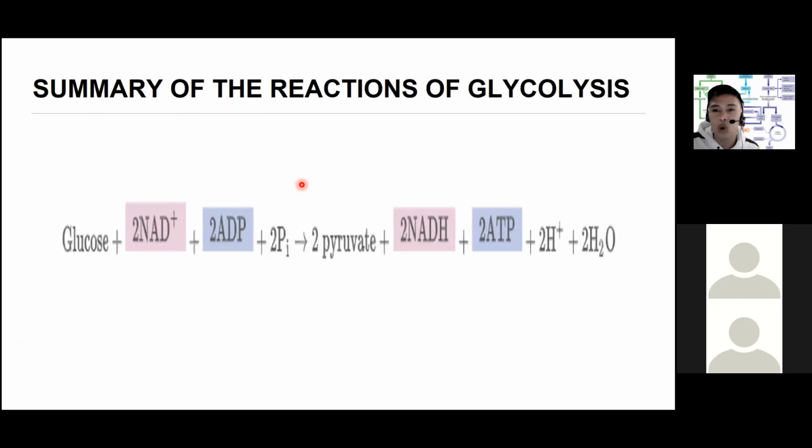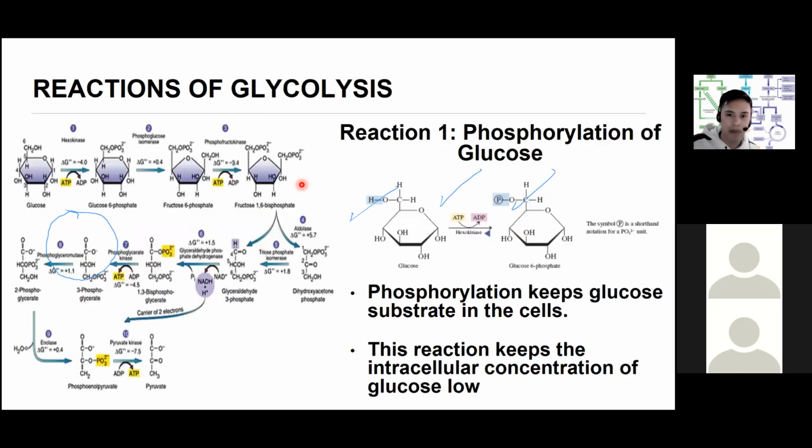This is a summary of glycolysis. For every glucose that enters the glycolytic pathway, you're able to produce 2 pyruvate, 2 NADH, and 2 ATP. Is that clear?